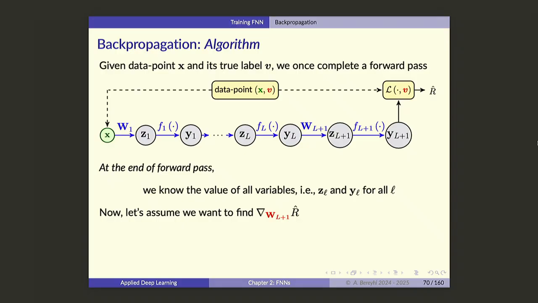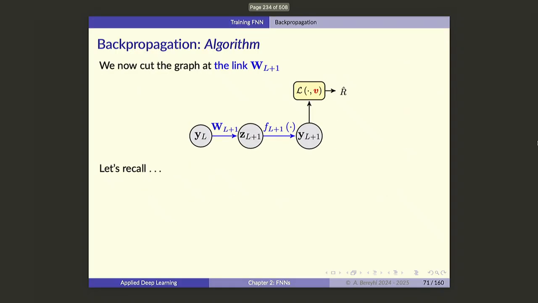So for me, what I want to do is just move backward on this neural net, on this computation graph, right? Now, what is the variable that I want to take the derivative with respect to? W_{L+1}, right? So is W_{L+1} a computing variable on this graph? No, right? This is on the edge.